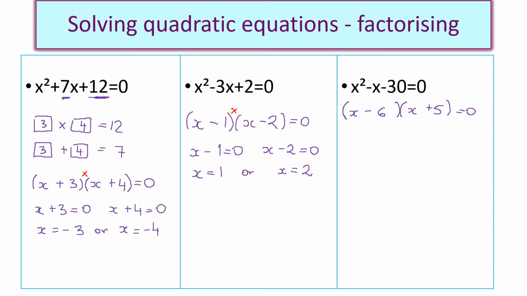So now x take away 6 must be equal to 0 or x plus 5 must be equal to 0. So x equals 6 or x equals minus 5.